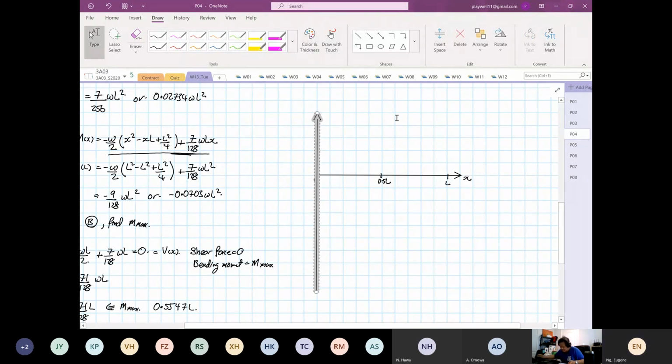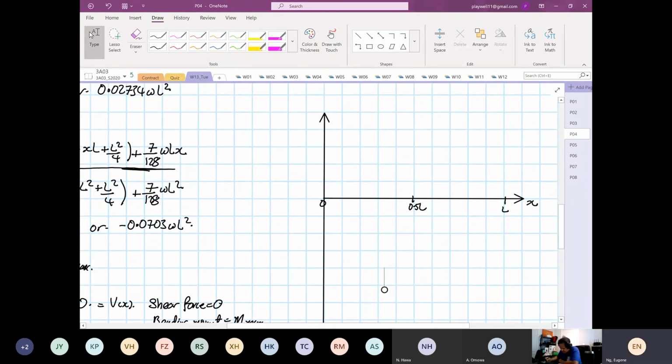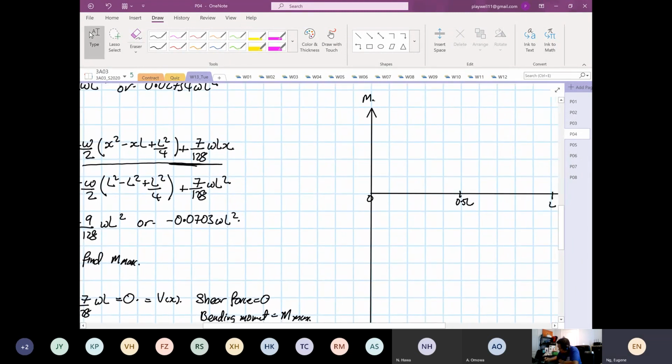So our moment will be a function of omega L squared, right? So this is 0.01, 0.02, 0.03, right?